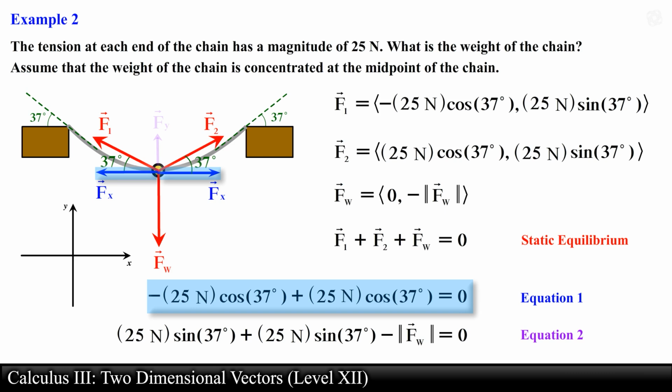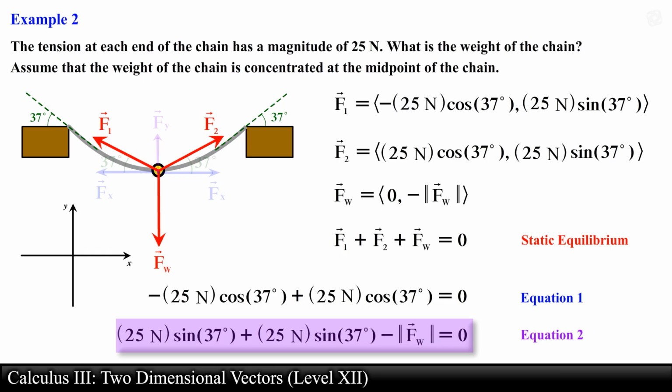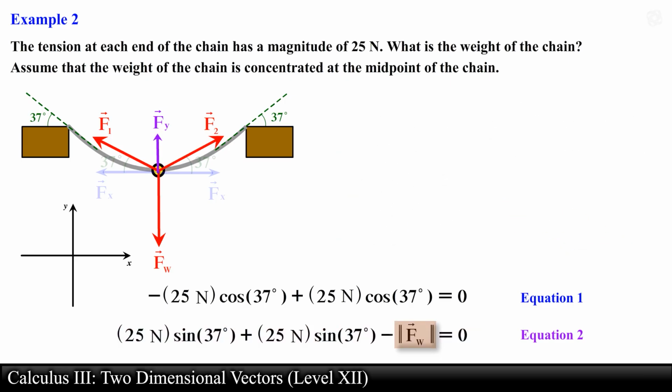Since this problem is highly symmetrical, we expect these 2 forces to cancel out, and this equation confirms that observation. The second equation tells us that the entire weight of the chain is being held by the vertical components of the tension forces. So we go ahead and solve for the weight. Doing that, and approximating the expression, we obtain 30.1 newtons for the weight of the chain. Alright, let's go over the final example.